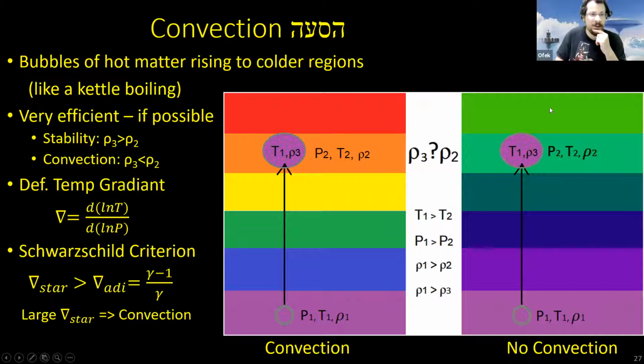We have two systems here, the left and the right. Both of them have a temperature gradient, here represented by a color spectrum, purple being very hot, blue being colder, then green, yellow, orange, and red. Obviously, the left has a steeper gradient, stronger change in temperature as you go up in the star or in the atmosphere.